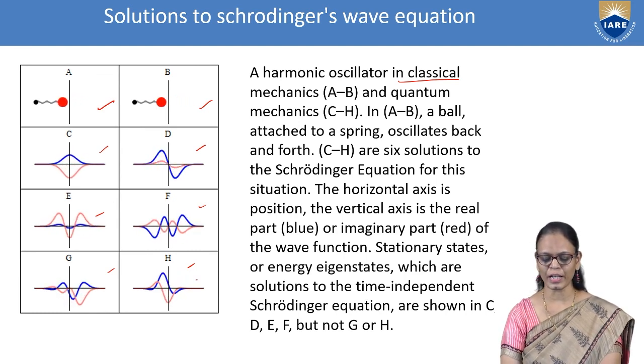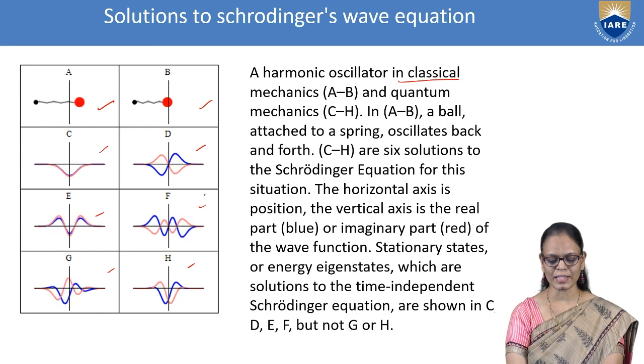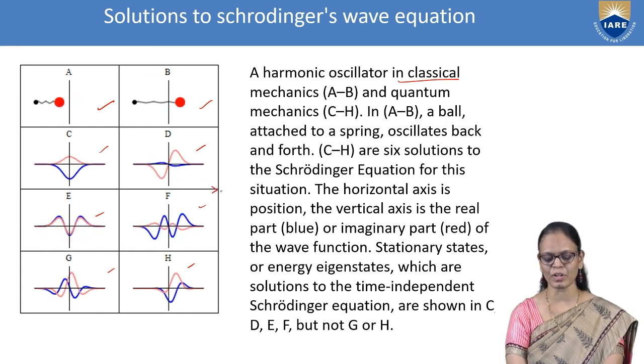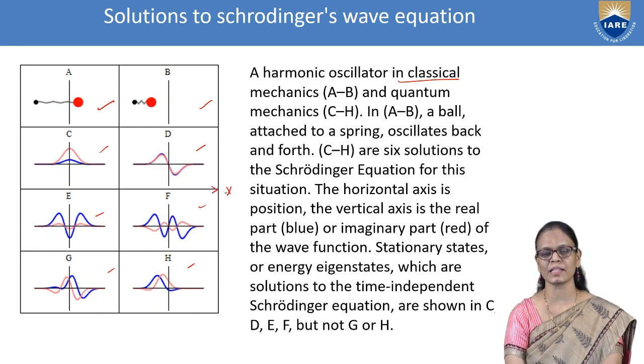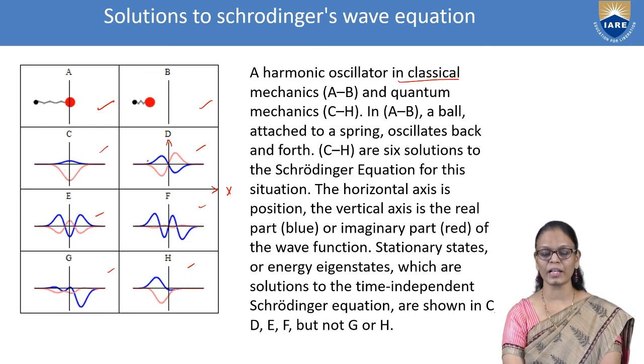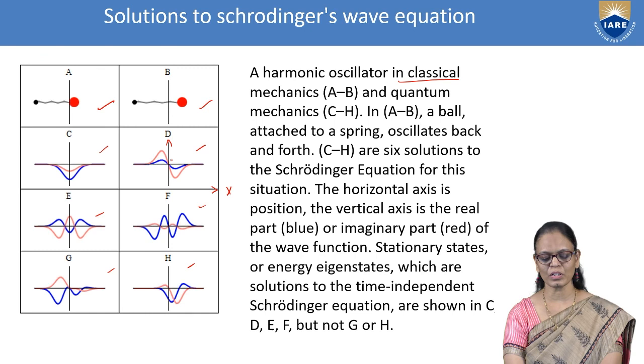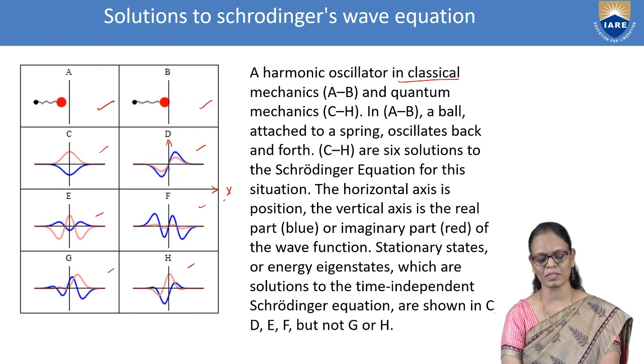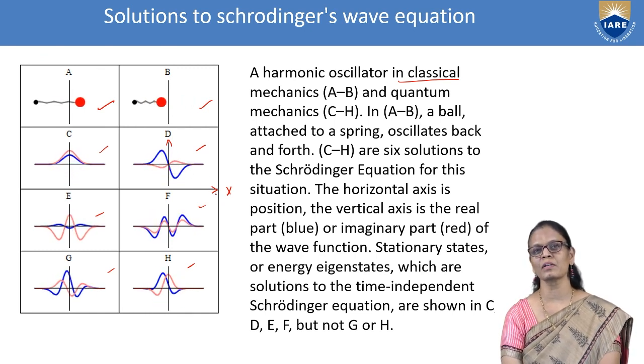How are we plotting it? Along the x-axis you are taking the position, and along the y-axis you are taking the wave function, showing how the wave function varies with position. That is what we are plotting.